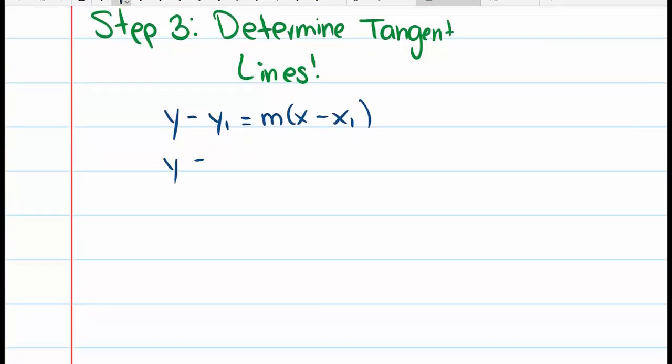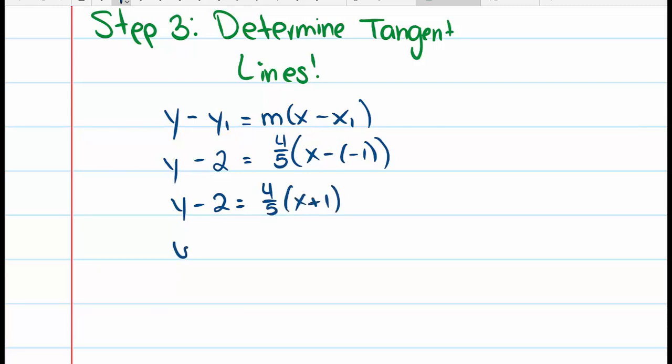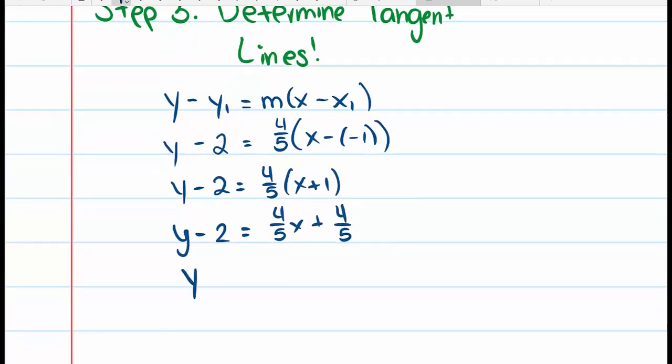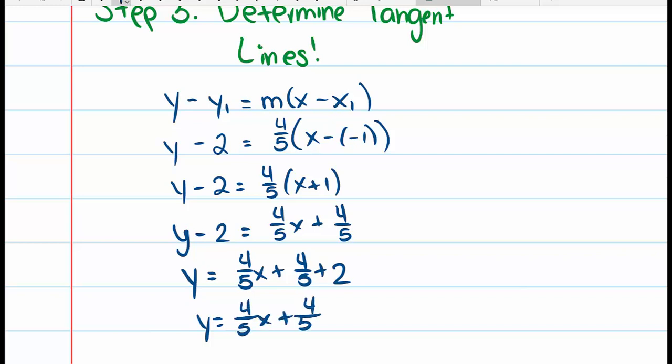So we get y minus 2 equals 4/5 times x minus a negative 1. So this is y minus 2 equals 4/5 x plus 1. y minus 2 is equal to 4/5 x plus 4/5. y is equal to 4/5 x plus 4/5 plus 2. y is equal to 4/5 x plus 4/5 plus 10/5.